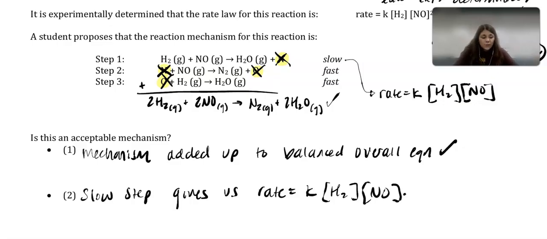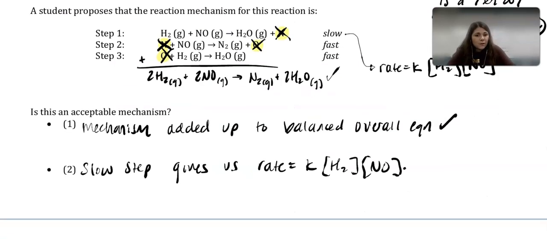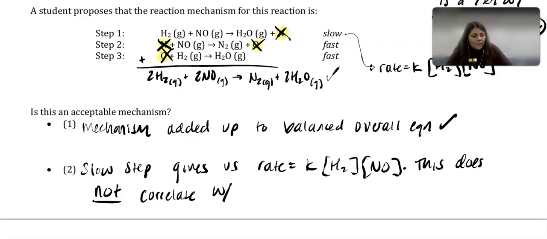Now the issue is, we were told through experimentally determined data that the rate law is this, showing hydrogen is first order and that the nitrogen monoxide was raised to the second. So here, this does not correlate with the experimentally determined rate law.